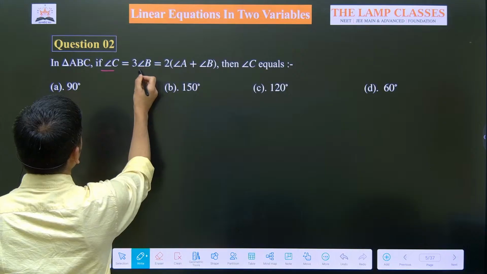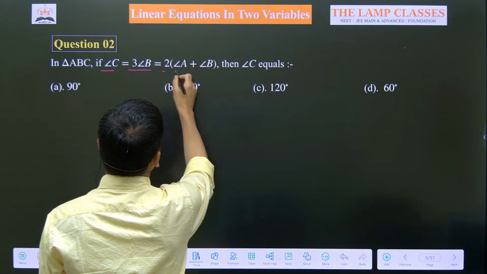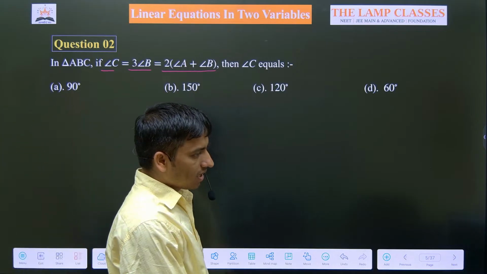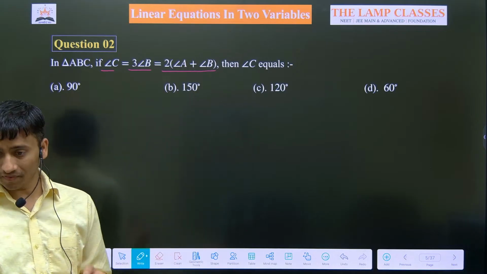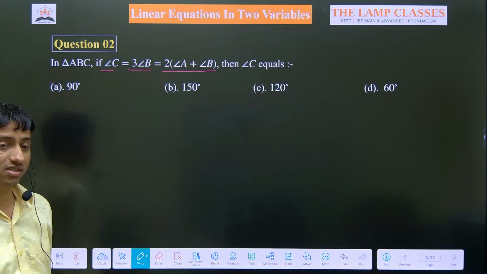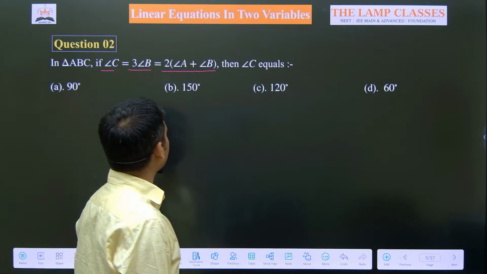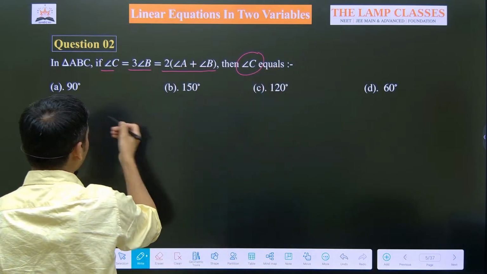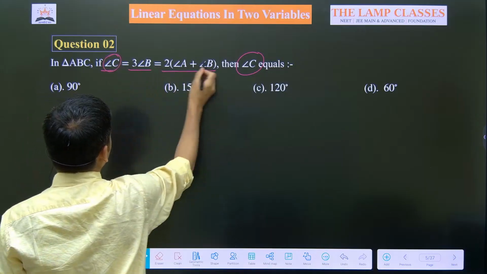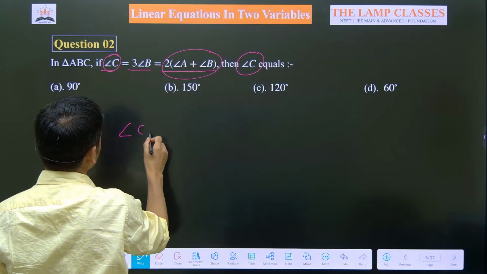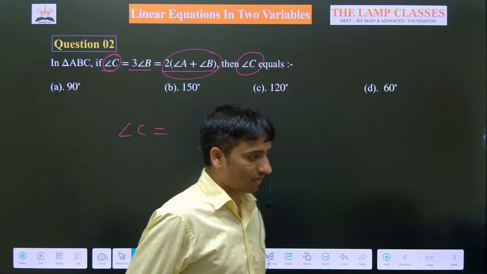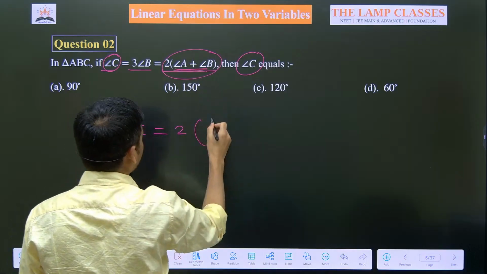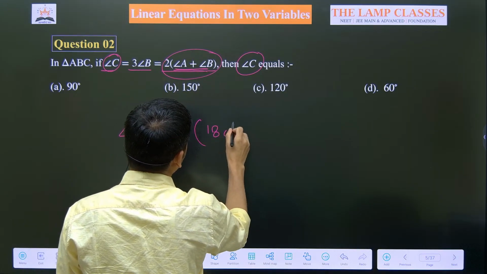Angle C is equal to 3 times angle B, and that is equal to 2 times (180 degree minus angle A plus angle B). Whenever they use the angles of a triangle concept, we have one additional piece of information, that the sum of all the angles is 180. In this particular question, they wanted only angle C. So can we say angle A plus angle B is 180 degree minus angle C?